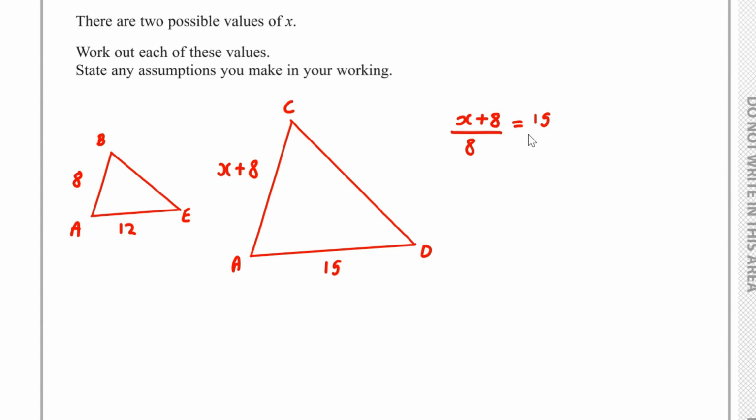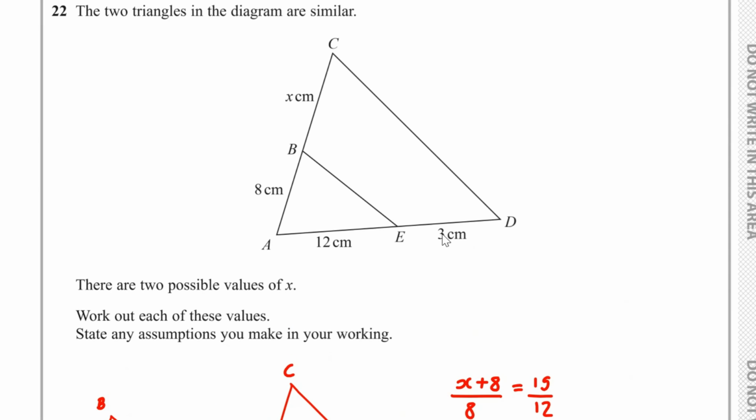And if we find out what x is, well, x plus 8 equals 15 over 12 times by 8, which is 10. So we've got x plus 8 equals 10, and therefore x equals 2. So that's one situation.